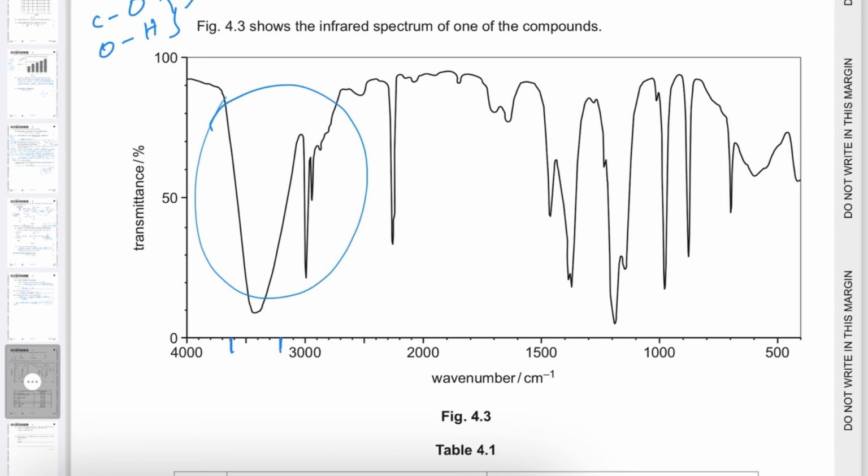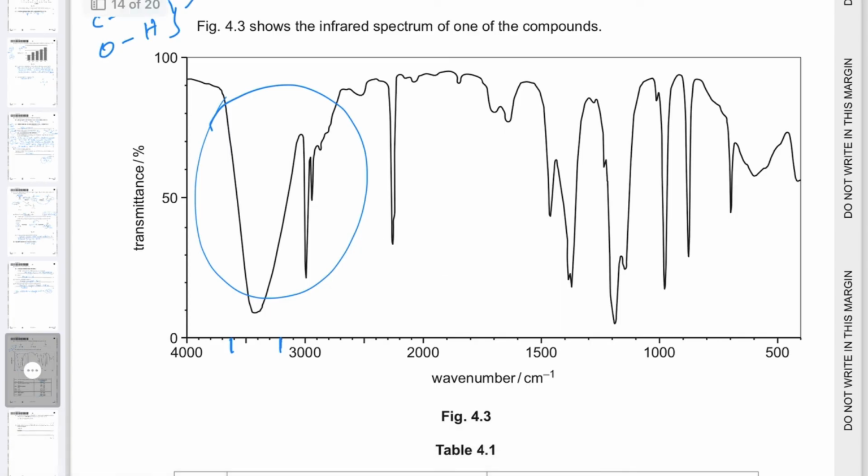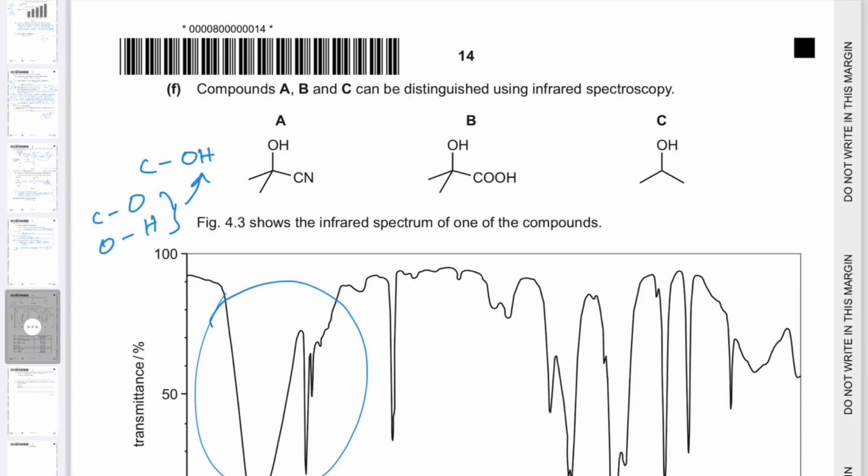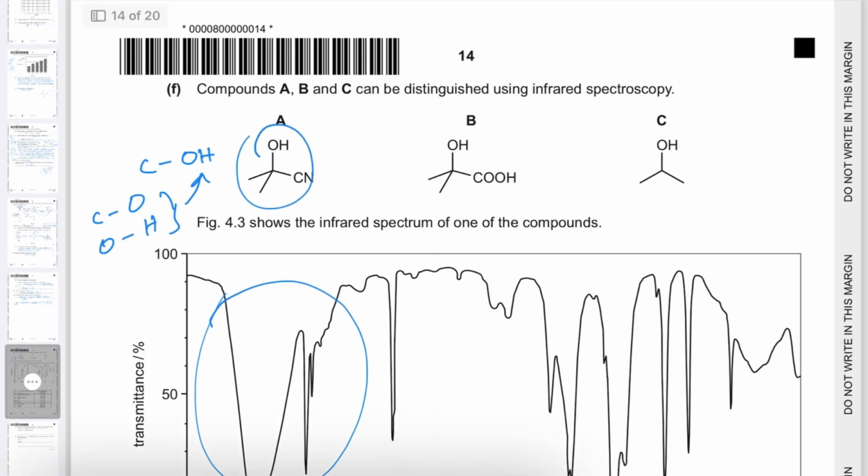So this is not going to be indicative of which compound is represented by this infrared spectrum. If we want to find out which of A, B, and C this spectrum shows, we'll need to look at the other peaks of the spectrum and determine which functional groups are causing the absorption in those particular ranges. Let's look at A.